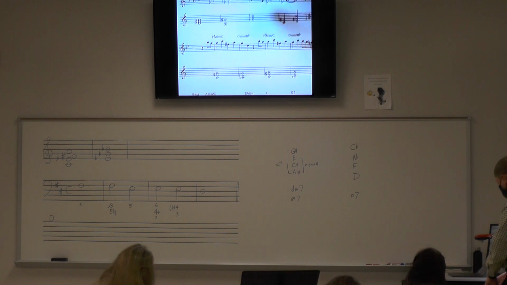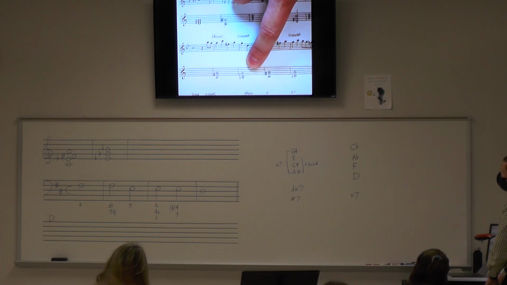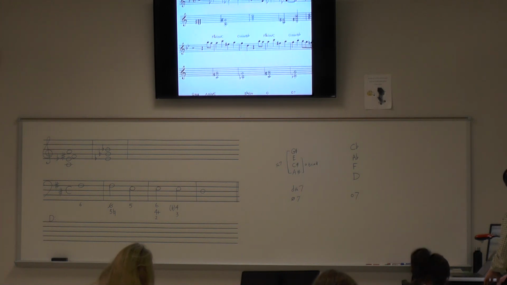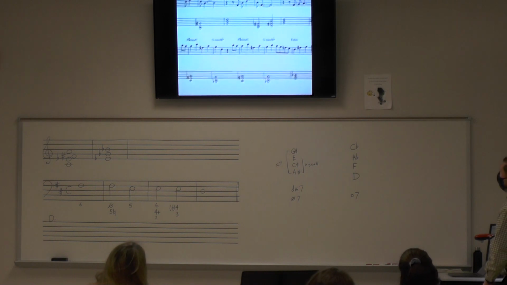So if this chord is correct and you copy it exactly, then this chord should be correct. And if this chord is correct, then you copy it, and this chord should also be correct. Going on to the end of that system.